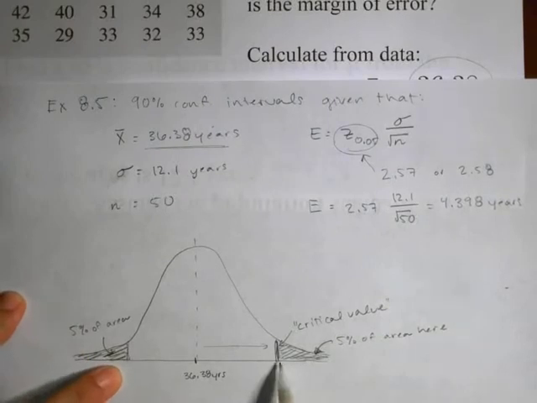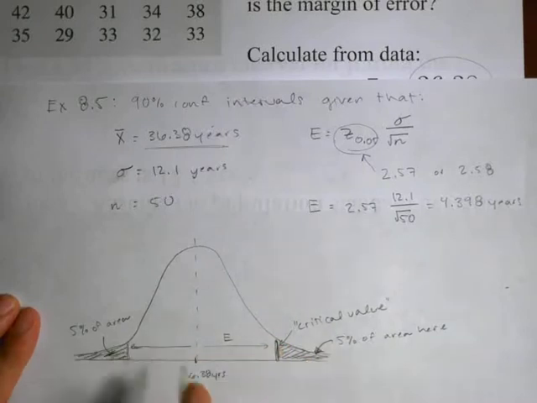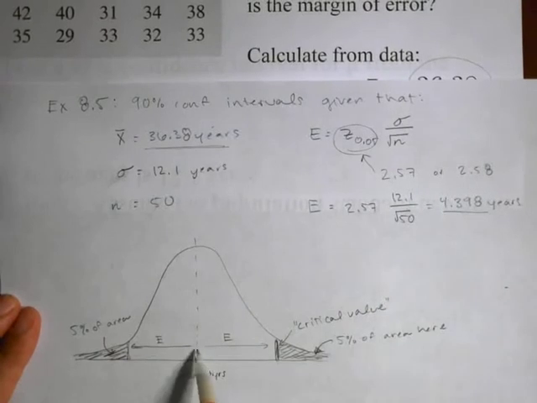So together, we have 10% of the area is not going to be included. And here is my E, my distance E, which is 4.4 years. So we're going to go from 36.38 up above by 4.4 years, and then 36.38 back down by 4.4 years.